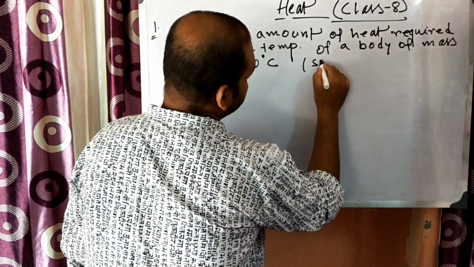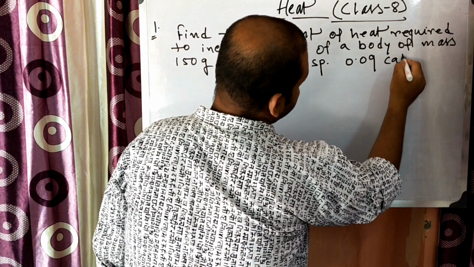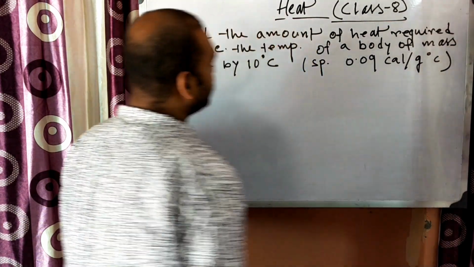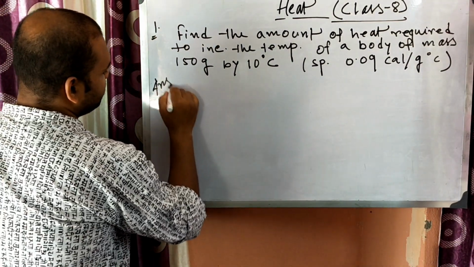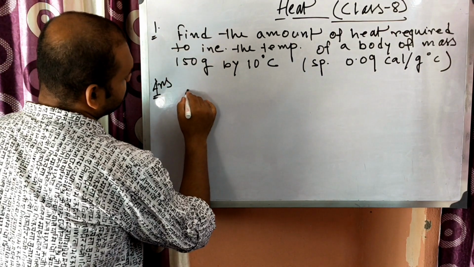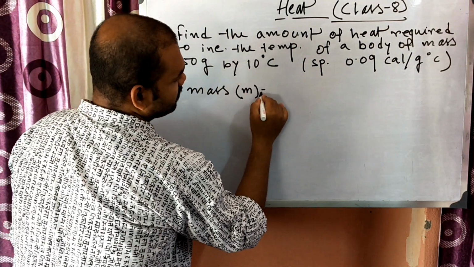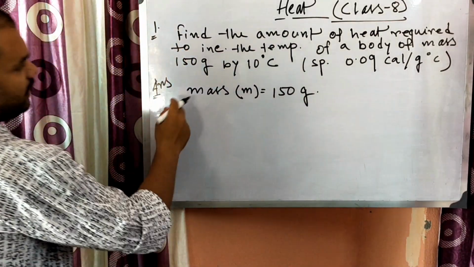The specific heat of the body is 0.09 calorie per gram per degree C. Okay, so here just write down the mass like this. Mass is given, so mass M is equal to 150 gram.